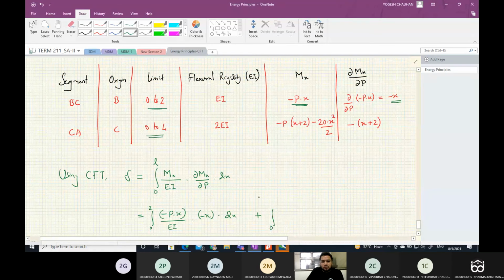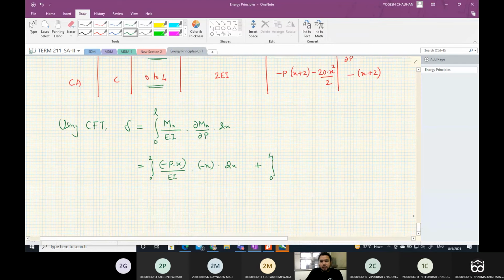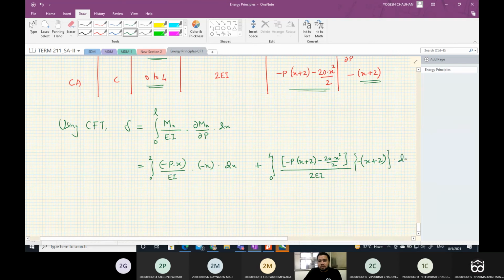Now from 0 to 4, the flexural rigidity is 2EI, and the moment is minus P times (x plus 2) minus 20 x square by 2, divided by 2EI, into the del M by del P. This is the moment, and this is del M by del P. It is minus (x plus 2), times dx.